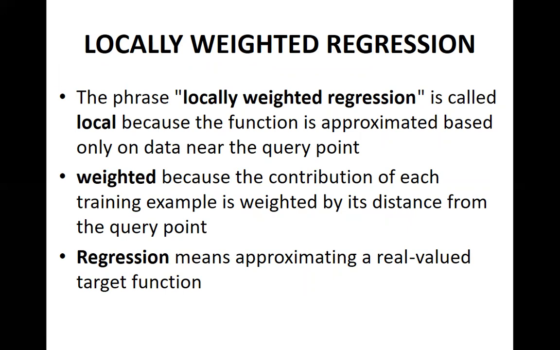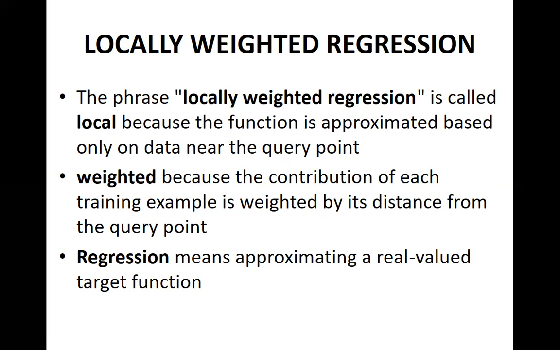Why is it called locally weighted regression? We call it local regression because the function is approximated based only on data near the query point. There may be so many examples, but we are interested only in the data which are closest to the query point. So it is called locally weighted. Weighted because the contribution of each training example is weighted by its distance from the query point, which you already know.